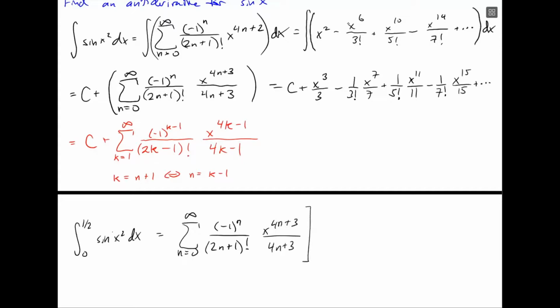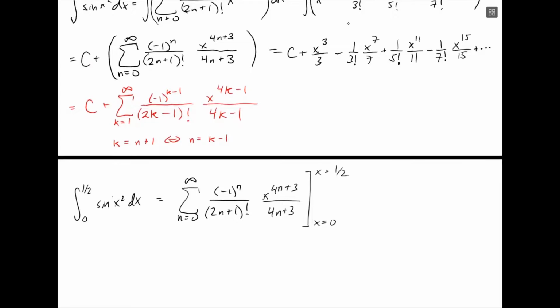And into this, we are going to plug in x equals 0 and x equals 1/2. If you do this calculation, it should be obvious that when you plug in x equals 0, you get a whole bunch of 0 terms. So all that we're left with is what we get back when we plug in x equals 1/2. You can see what that's going to look like easily, because up here is what that series looks like written out.